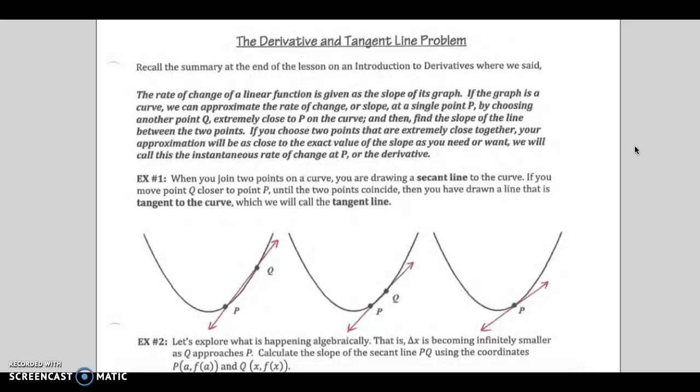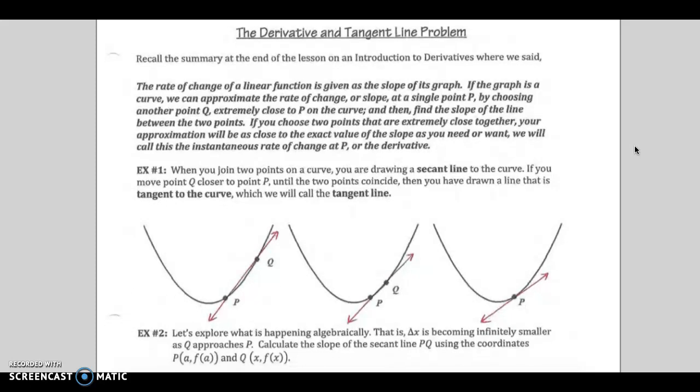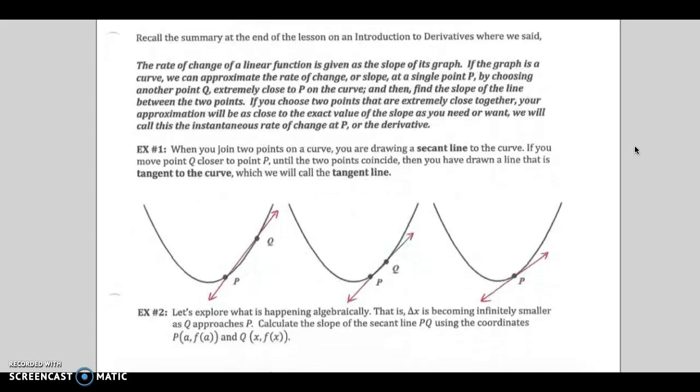So this one is the derivative and the tangent line problem. We have talked about this multiple times. It says to recall the summary at the end of the lesson on an introduction to derivatives, where we said that the rate of change of a linear function is given as the slope of its graph.